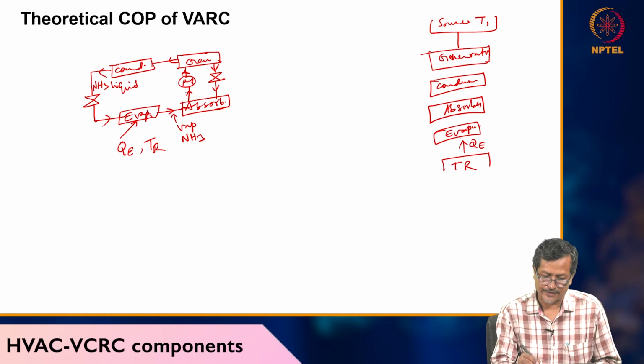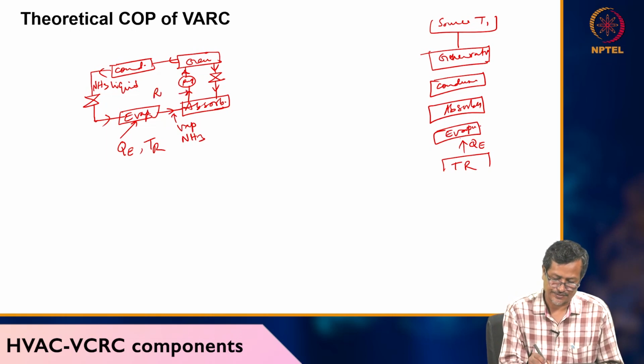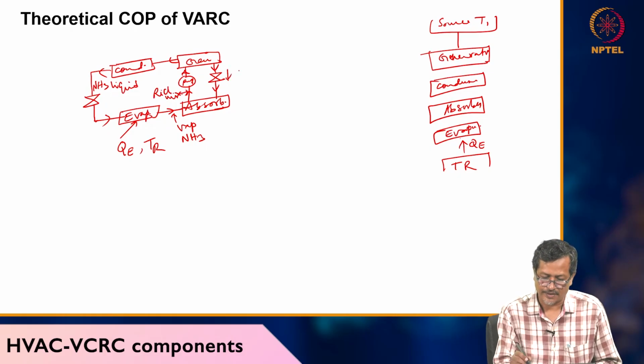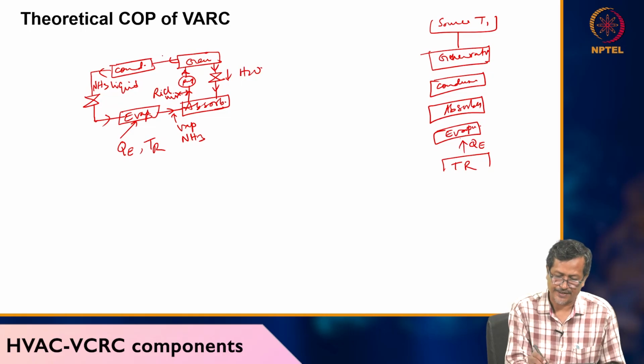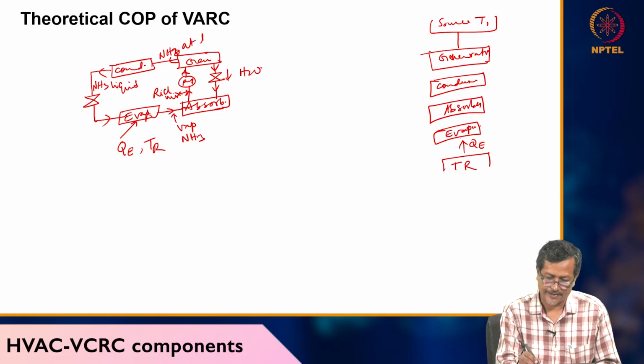Then when it is pumped, it is a rich mixture. When it is coming down, there will basically be water. And from the generator, ammonia is going at higher temperature.